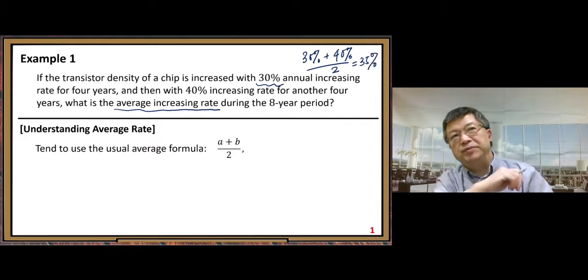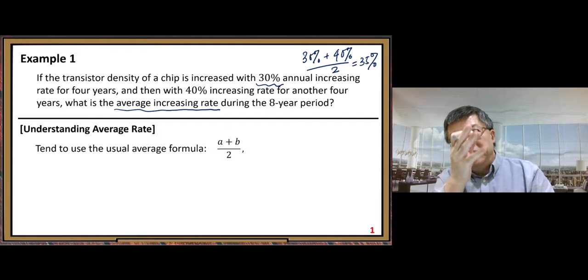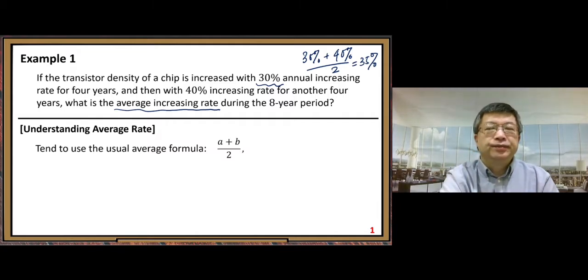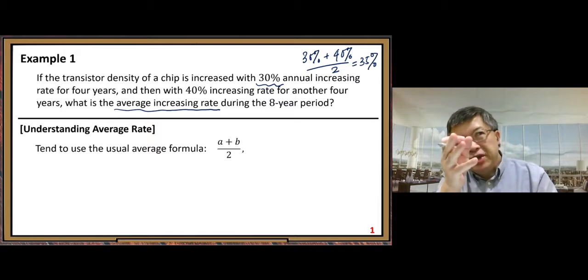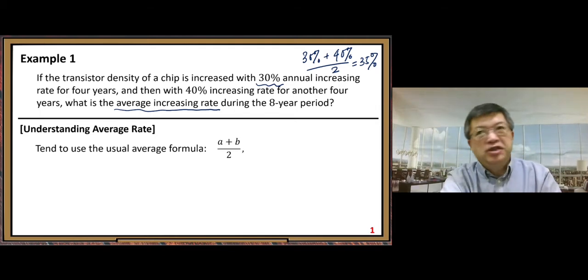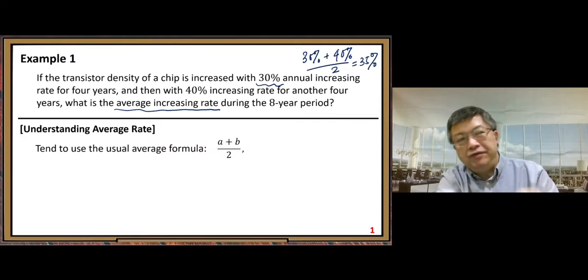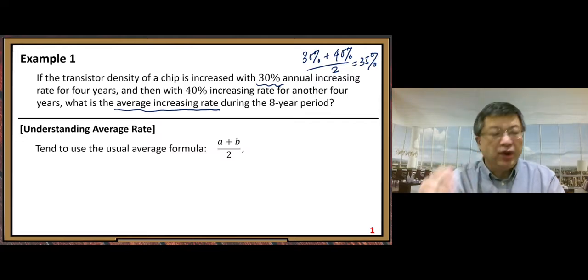Think about this for yourself. Do you think this is the correct way or not? Because this is the obvious way, I estimate probably more than 1/2 of you will do it this way.